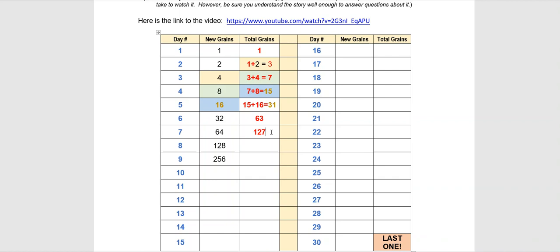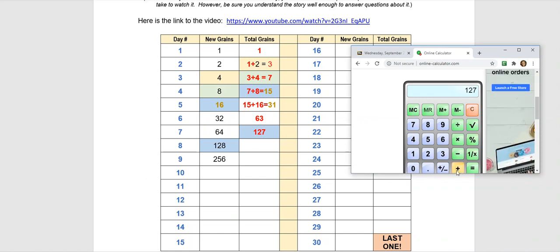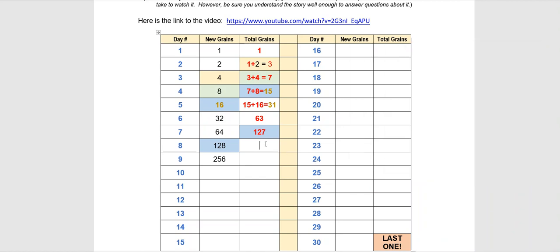Do you see what I did? I'm going to take the 127, which is already in the calculator, and add it to the 128. So 127 is already there. Add it to 128, and that equals 255.